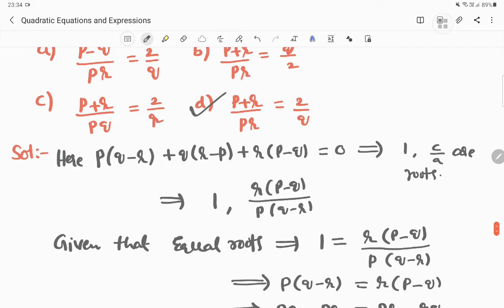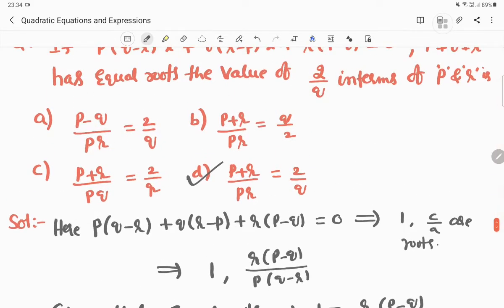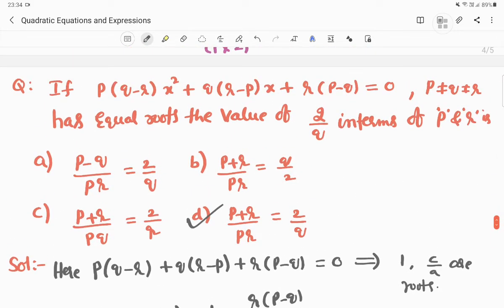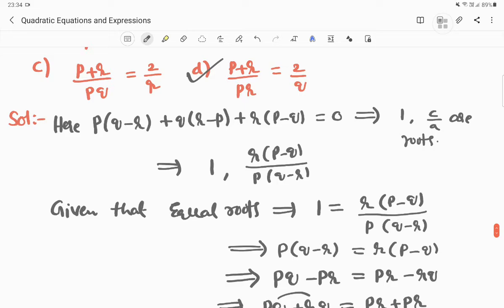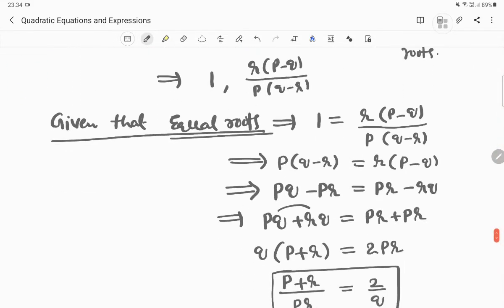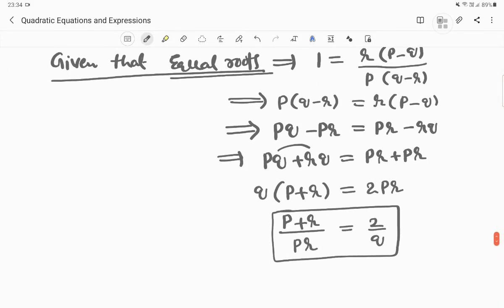First observe that if the sum of the coefficients of x square, x and constant is 0, the roots will be 1 and c by a. 1 is alpha and c by a is beta. Since the given quadratic equation has equal roots, 1 is equal to this one. By simplifying you will get this condition. I hope everyone understands, dear students.